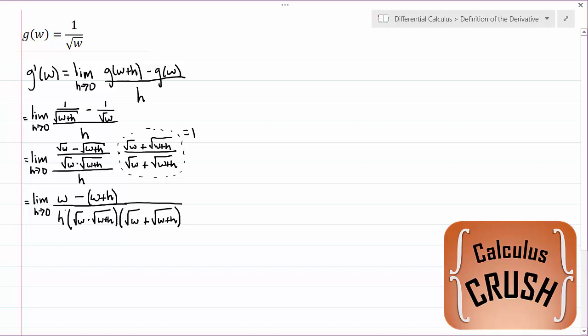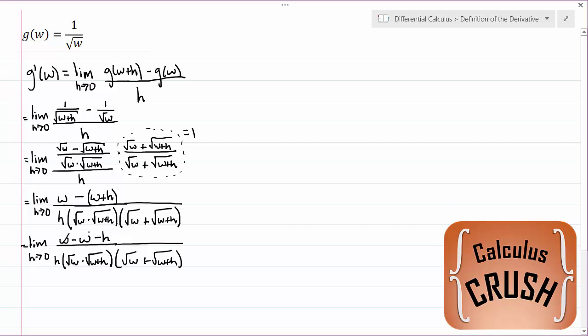So now let's expand the top here. It equals the limit as h goes to 0, w minus h, all divided by h times the square root of w times the square root of w plus h times the square root of w plus the square root of w plus h.